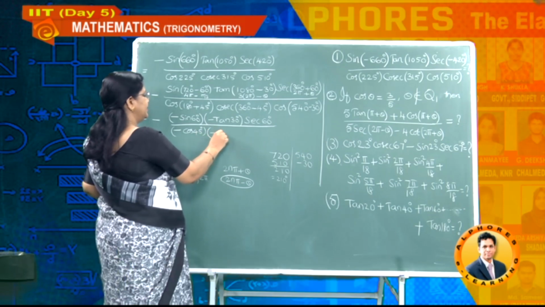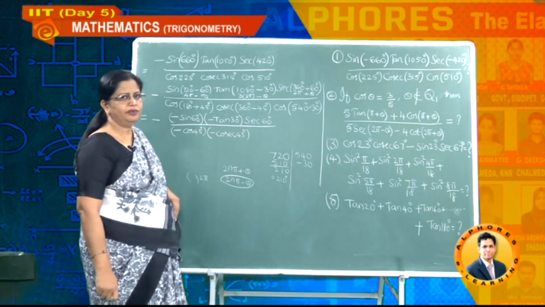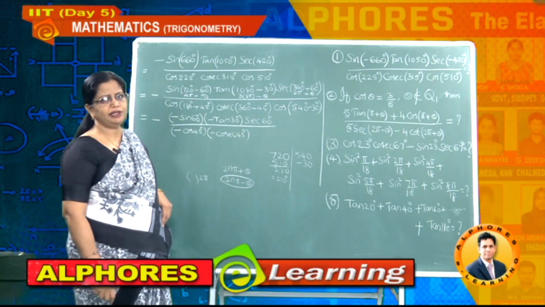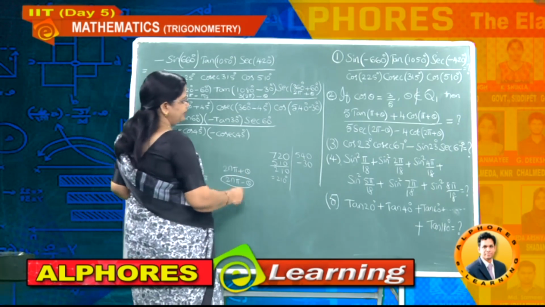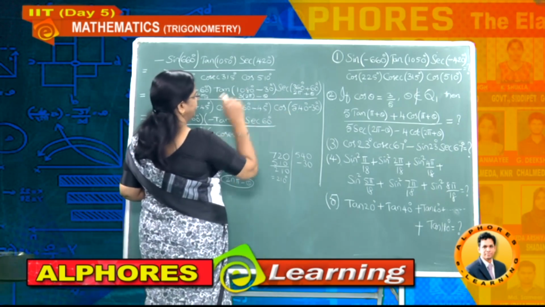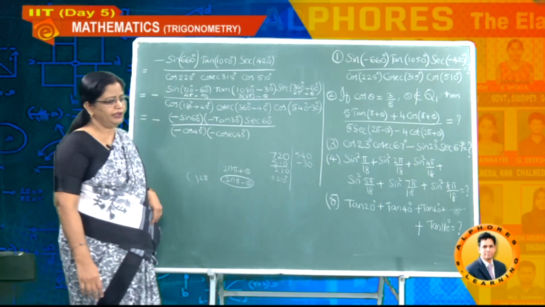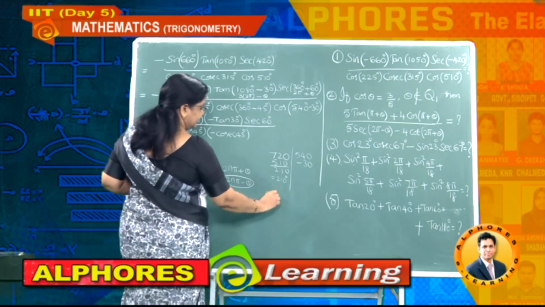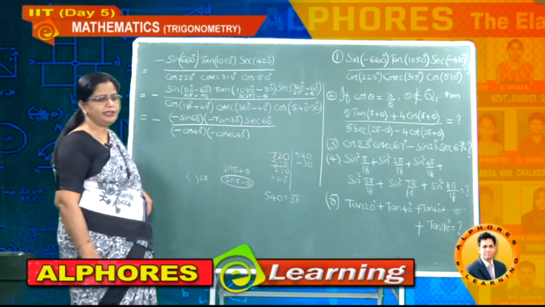So minus cosecant 45 degrees into, now you observe this value is 540 degrees minus 30 degrees. 540 minus 30 means how to write this value? If you take 540 minus 30, then this 540 degrees means 3 pi, 3 pi minus theta.